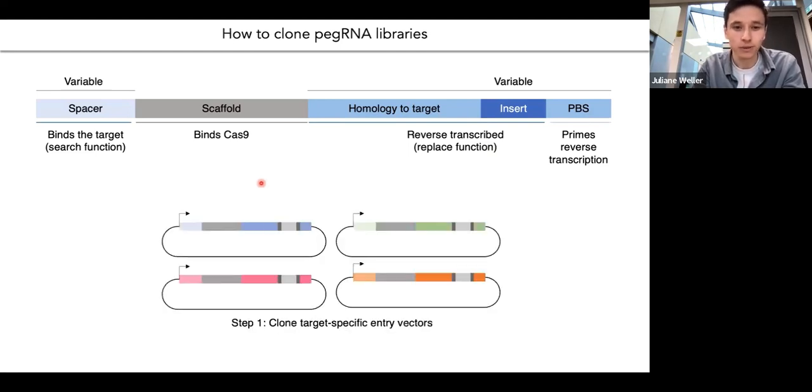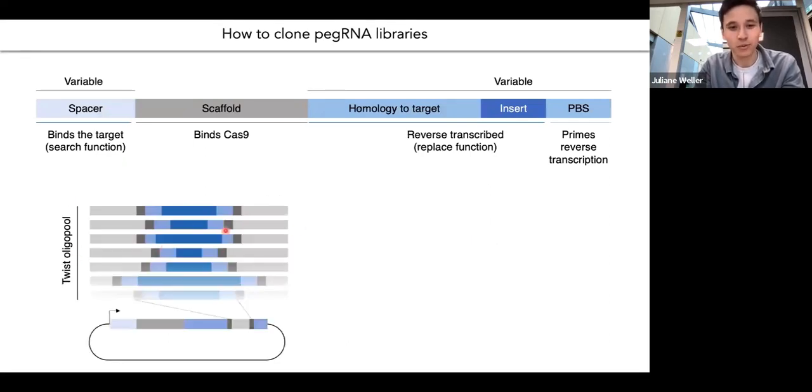The first one we did is a 2-step cloning, where because we only targeted 4 sites in the genome, we could first generate vectors that target 4 different places. Instead of having the insert library in the vector, we added a stuffer sequence that's flanked by restriction enzyme sites, so that we could go to Twist and order an oligo pool that contains all these different inserts.